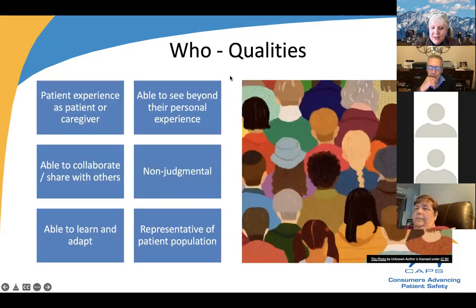The first thing we want to talk about is what are the qualities. And of course, the first most important thing for a patient and family advisory council is that you have somebody who has patient experience as a patient or a caregiver.